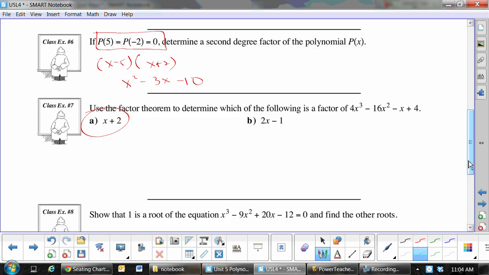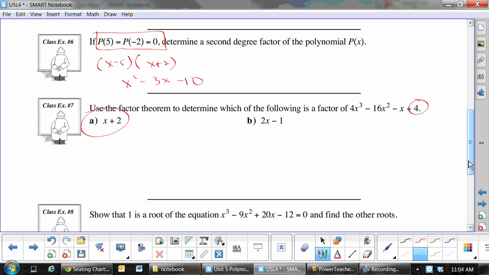Now, you don't know this now, but you will. These are the things I test, all the stuff that goes into 4: 1, negative 1, 2, negative 2, and 4, negative 4. Those are things I will test. It's easy to put those in quickly if I just use the factor theorem.